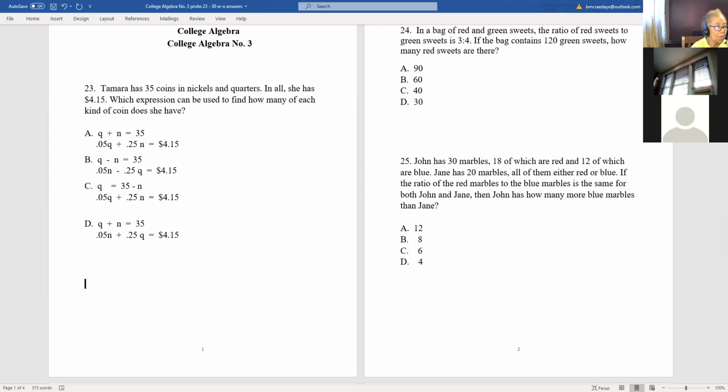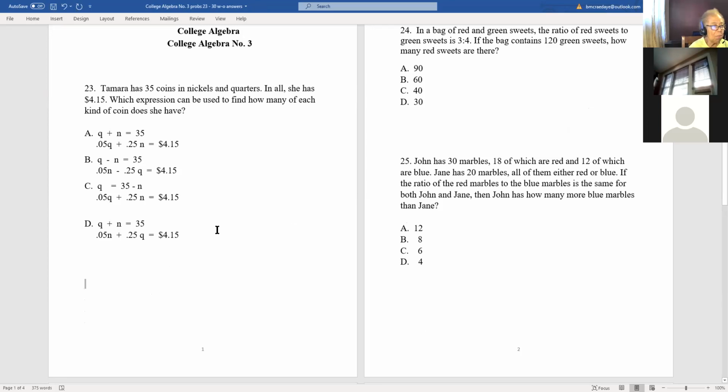Now, there are actually two equations you can write. One shows the value of the quarters and the nickels adding to 4.15, which is what she has total. And the other shows the number of quarters plus nickels, which is given as 35.